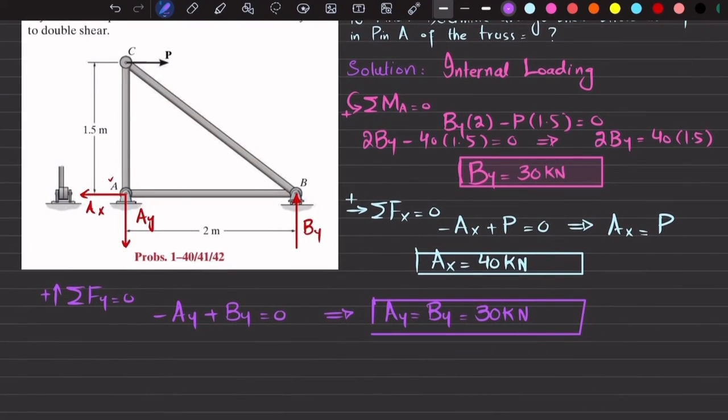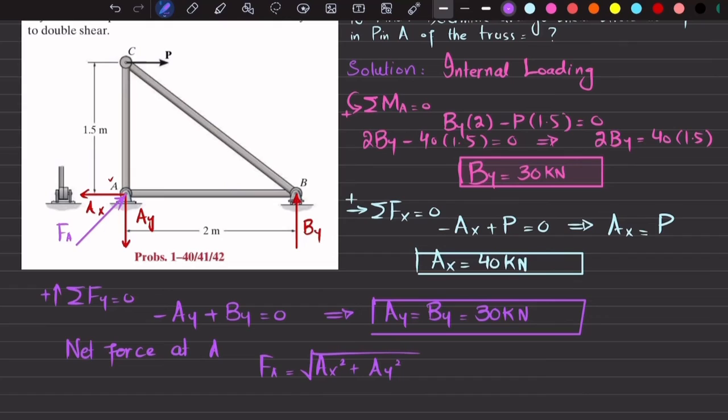So at point A, if we find the reaction forces of these two, this will be equal to A force, and we can also write FA. So this FA, by using Pythagoras theorem, net force at A will be equal to FA, and that will be equal to the square root of Ax square plus Ay square.